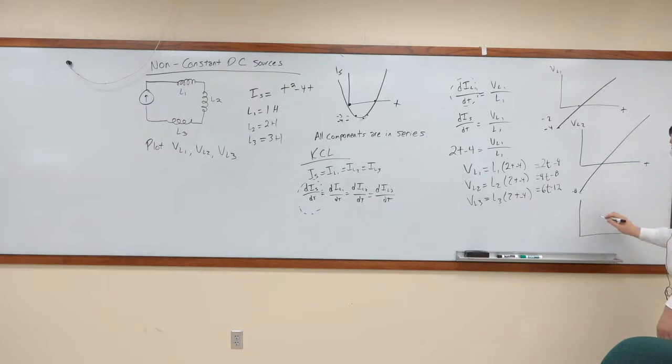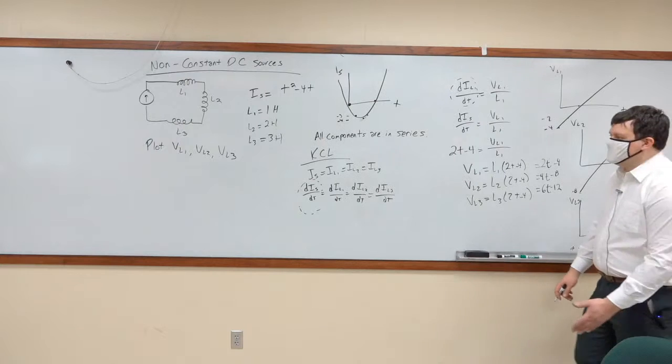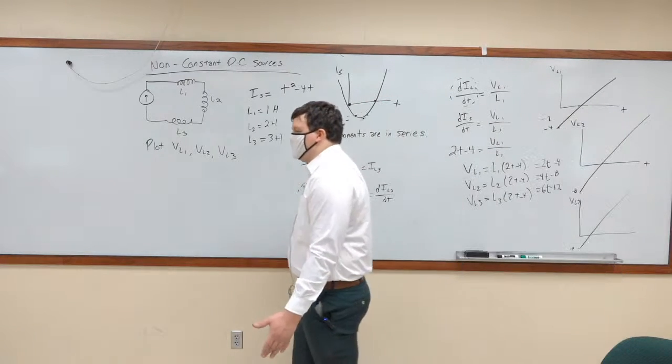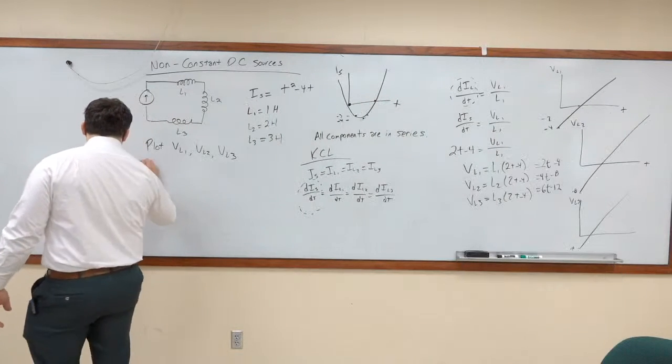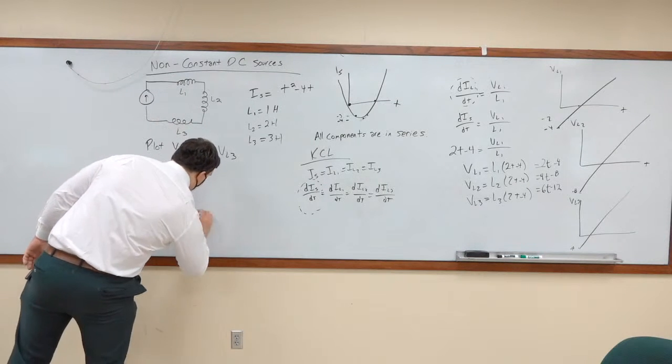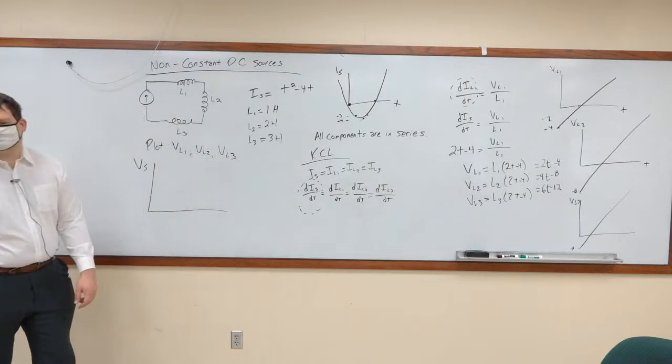What's the value of the function of VL3 at t equals 0? -12. And what about at 2 seconds? It's 0 again. They're all just scalars of each other. So if we want to then take all of that information and plot out what is VS, how do we do that?